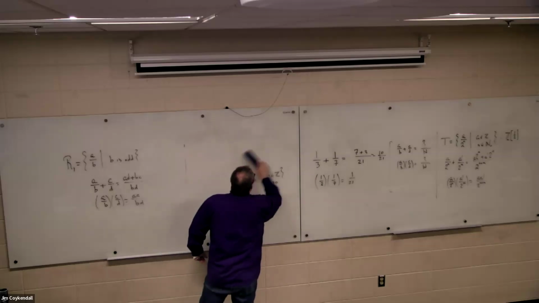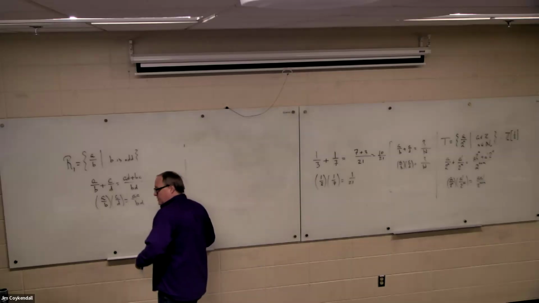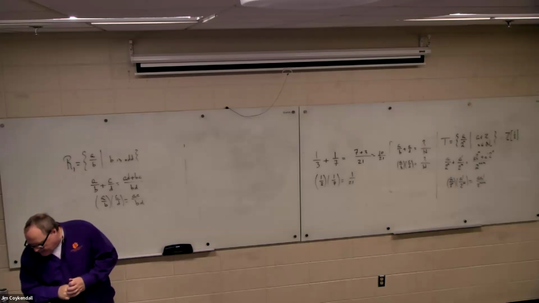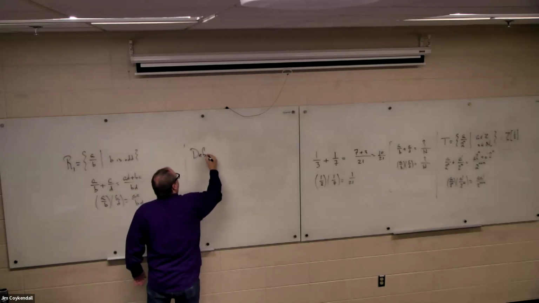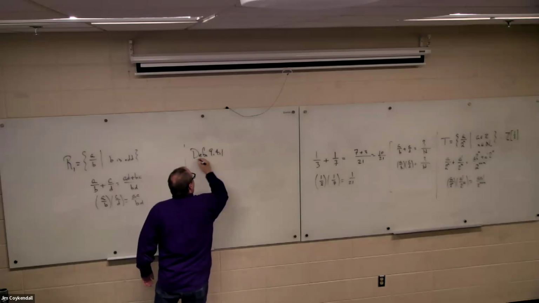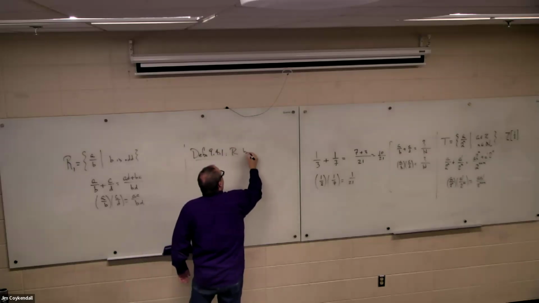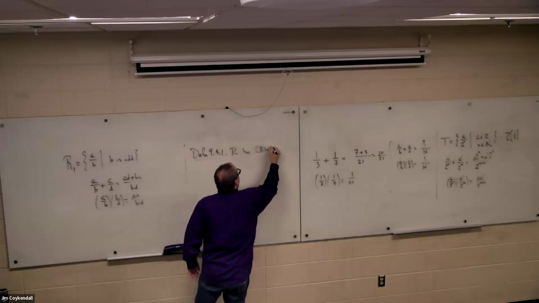I'm going to go ahead and give you all a definition. Just notes here. Definition. Let R be a commutative ring with 1.